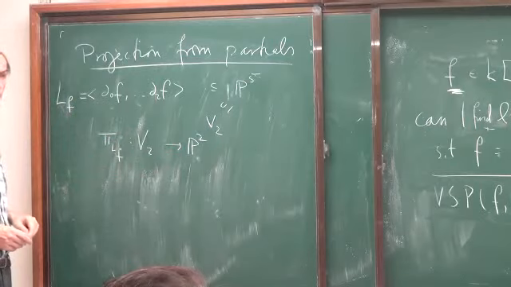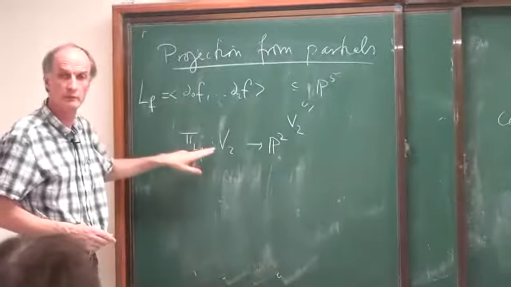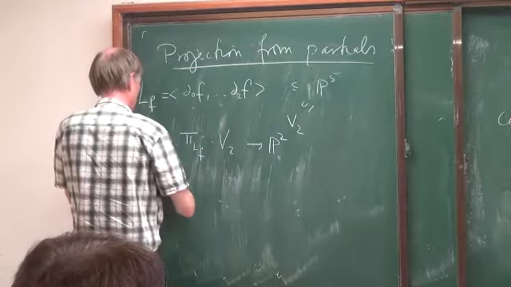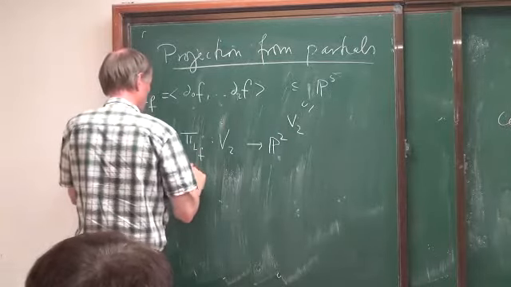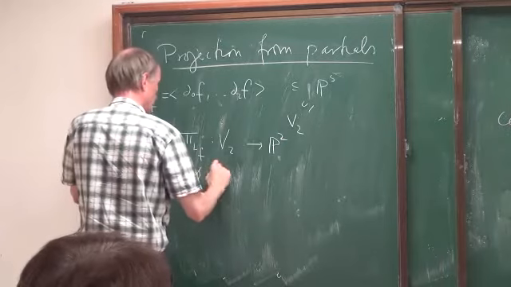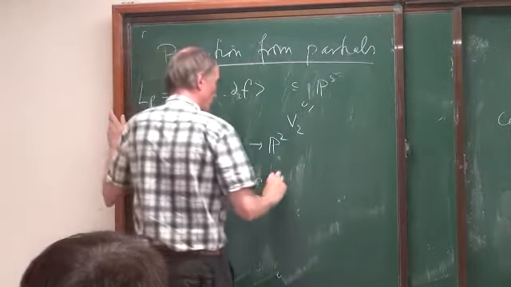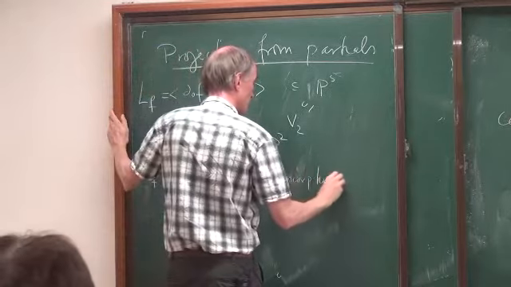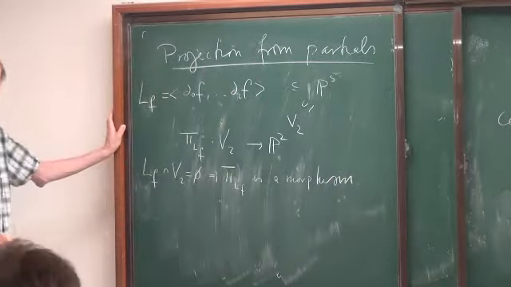Right? So if this linear space here does not intersect V2, then this is a morphism.